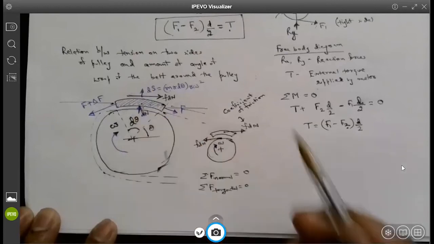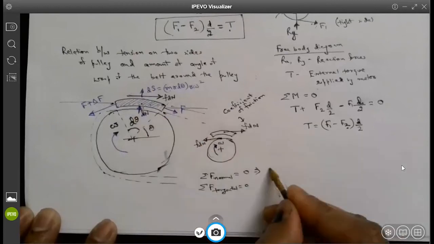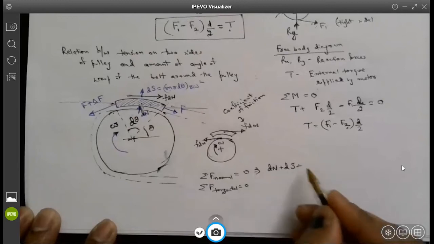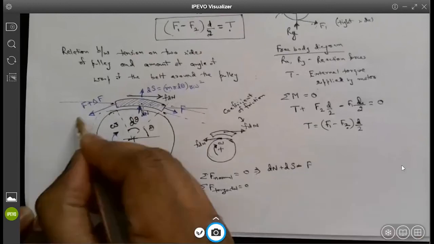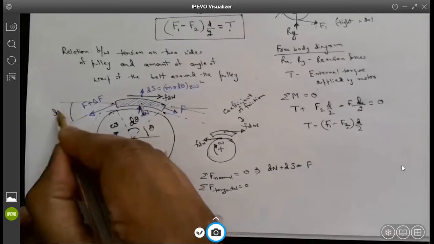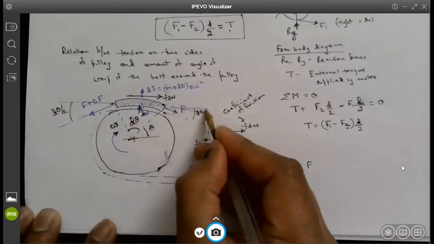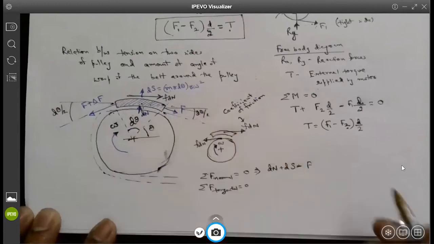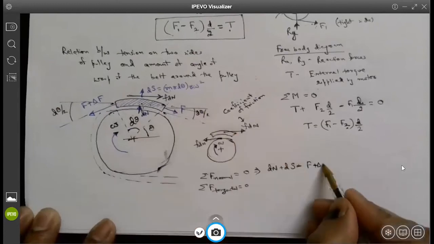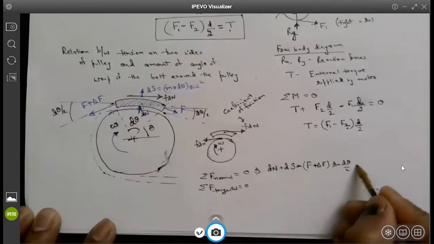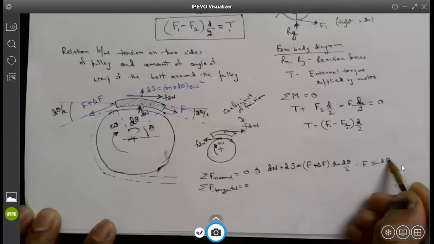If I do that, I will see dN plus, sorry, minus (F plus delta F) sine d theta over 2 minus F sine d theta over 2 equals 0. This angle is d theta over 2, and this whole angle is d theta.